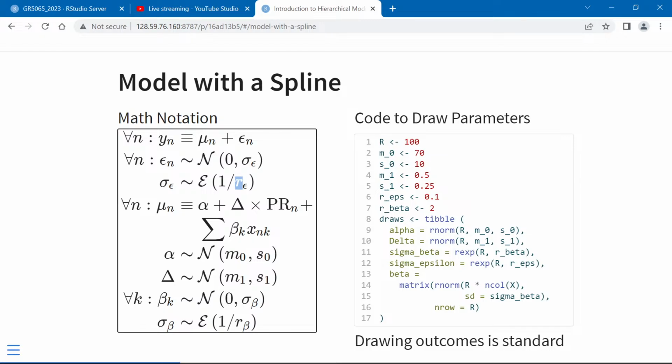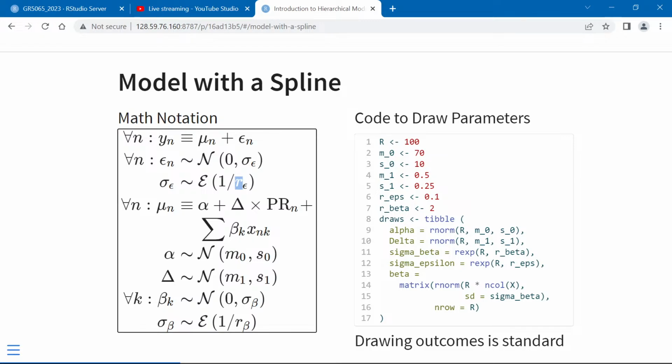And so sigma governs the wiggliness, which is the technical term in the literature, of the function that we're estimating between turnout and log population.